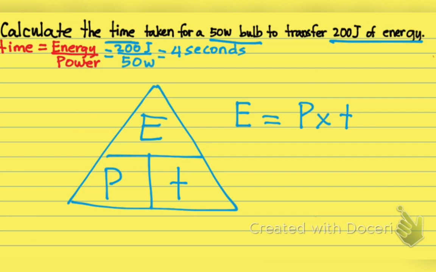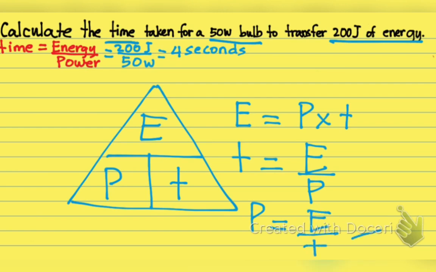If we do not know time, we cover up time and it is equal to energy divided by power, or energy over power. If we do not know power, we cover up power and it is equal to energy divided by the time. You can use this formula triangle to calculate your energy, your power, and the time. And that's it for today.